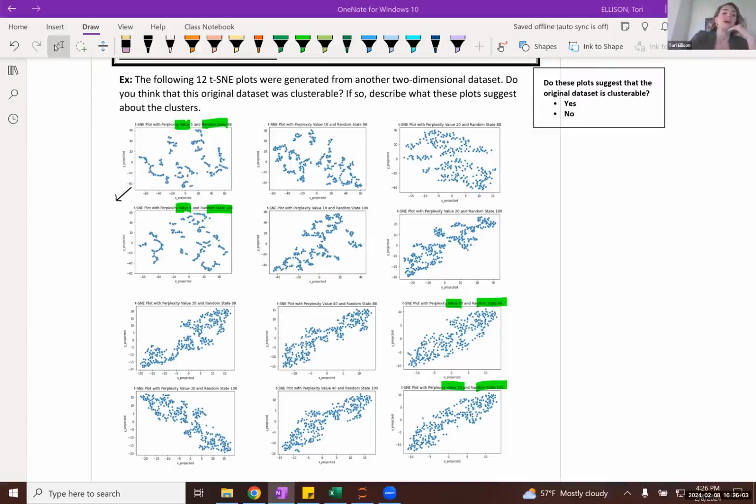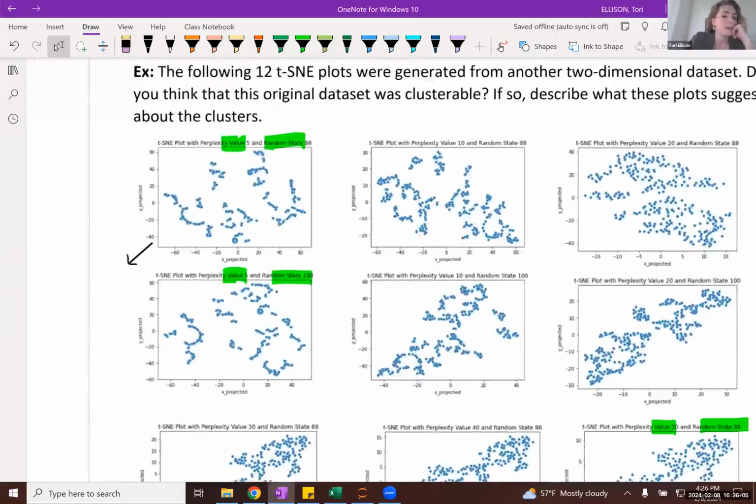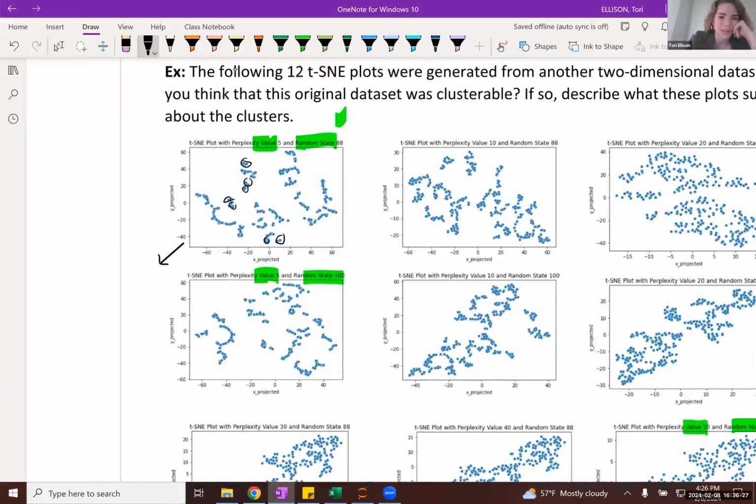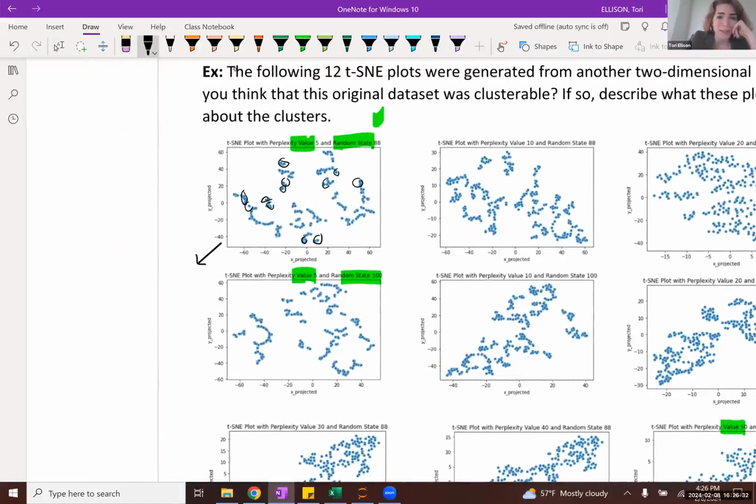It's entirely possible that your data set is comprised of very small separated clusters, each containing about 5 to 6 observations. If that is what your data set looks like, then this most likely would be what your t-SNE plot with a perplexity value of 5 would look like.